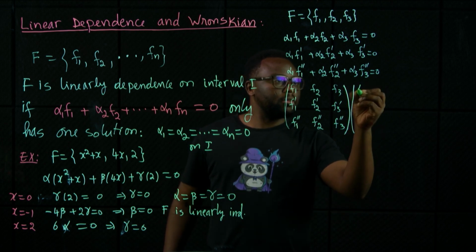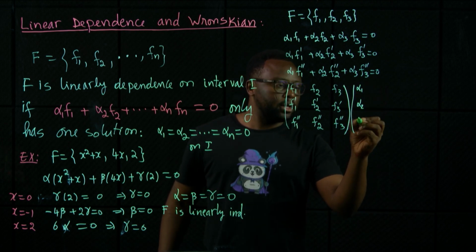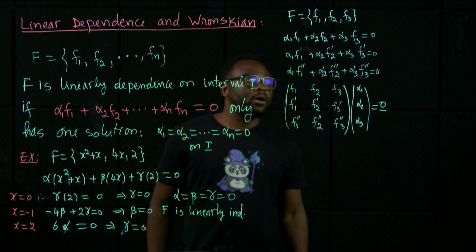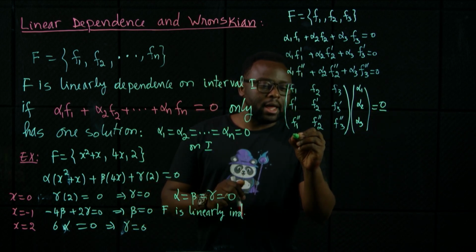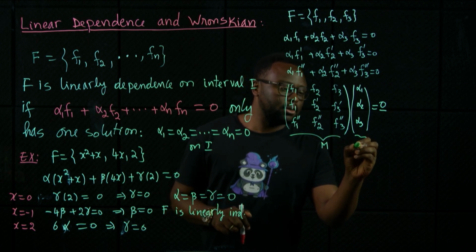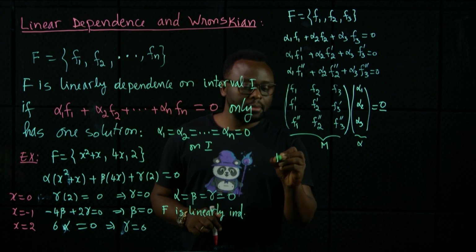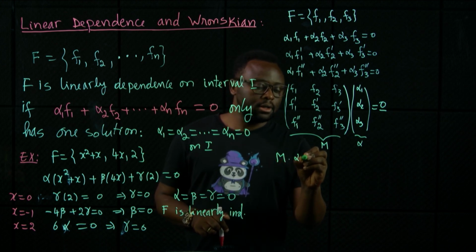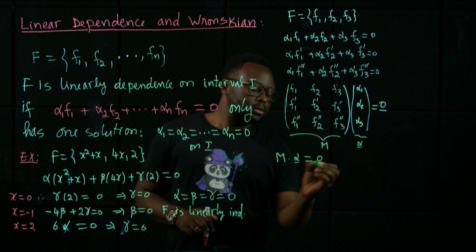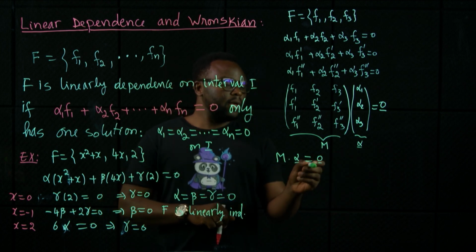This multiplies alpha 1, alpha 2, and alpha 3. This is equal to the 0 vector. All right, let's call this matrix M, and this the vector alpha. Then we see that M times alpha is equal to 0. They are all vectors.